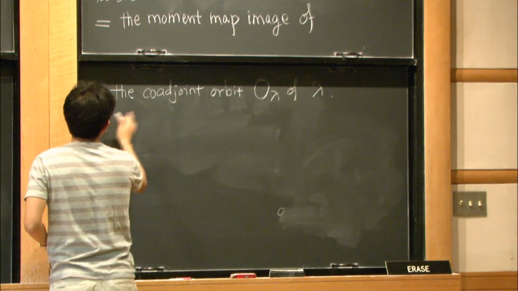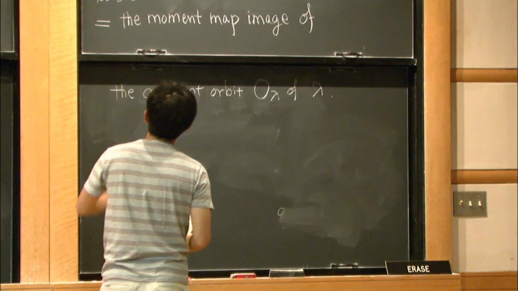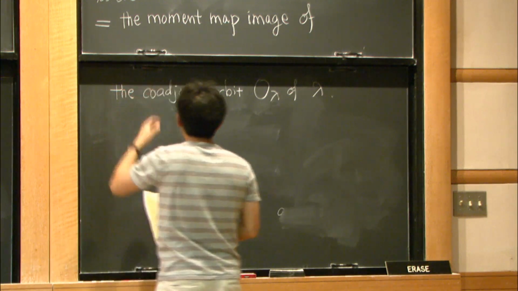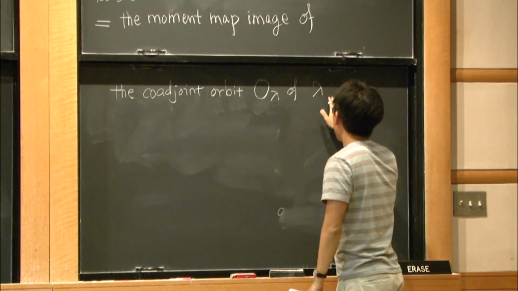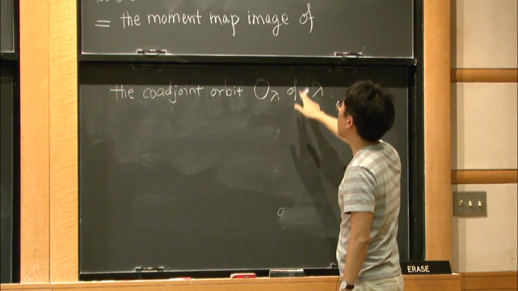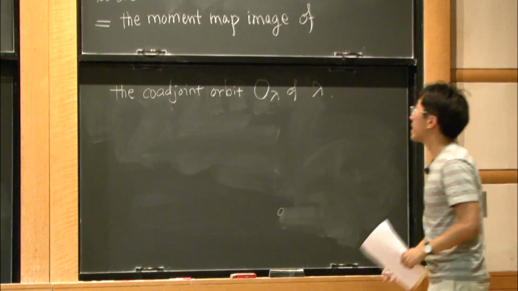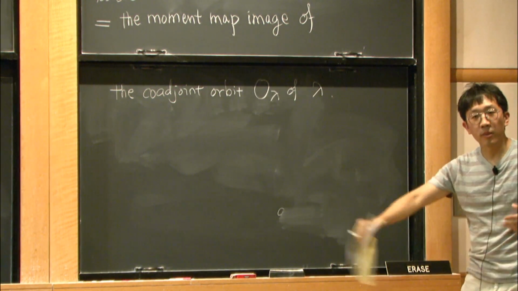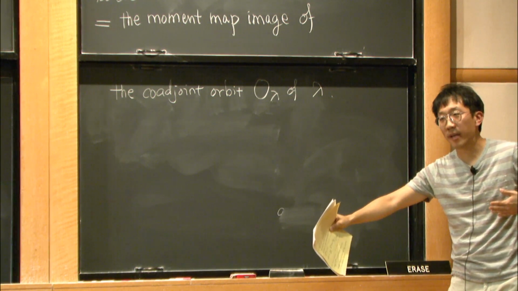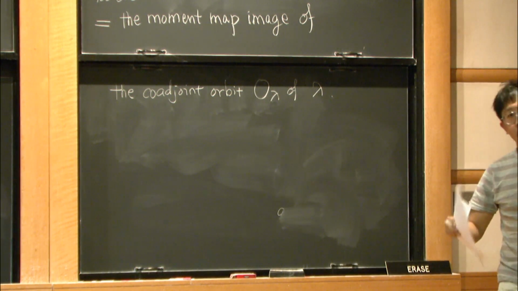So there is no need for us to go into details of this picture. But one thing that I want to point out is that once you view the Newton polytope of S_lambda as the moment map image of a symplectic variety, you see that it's not just a polytope.